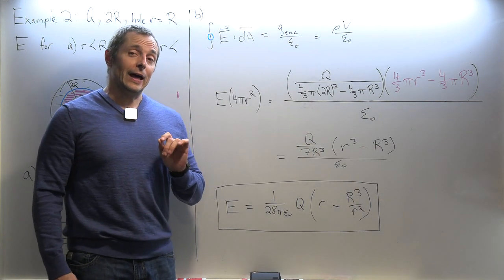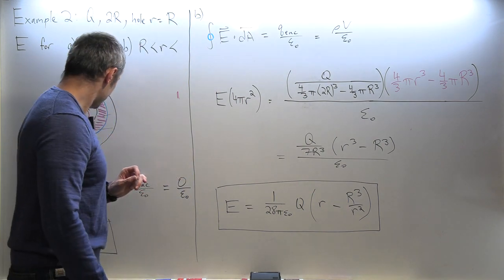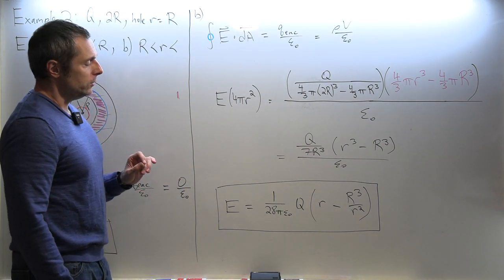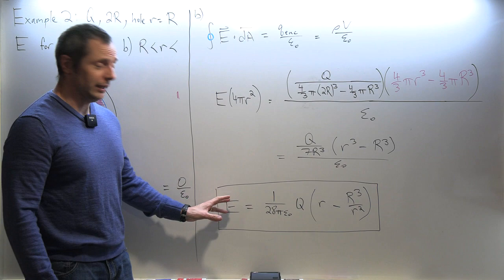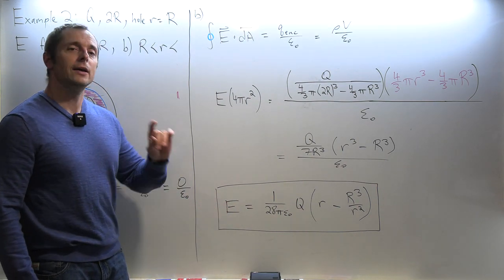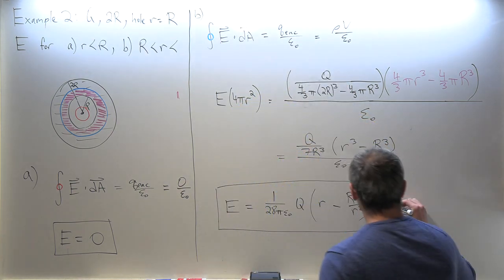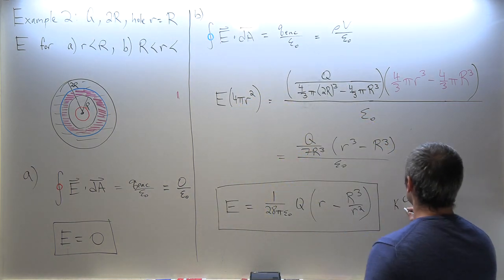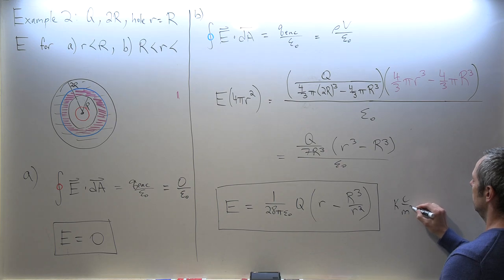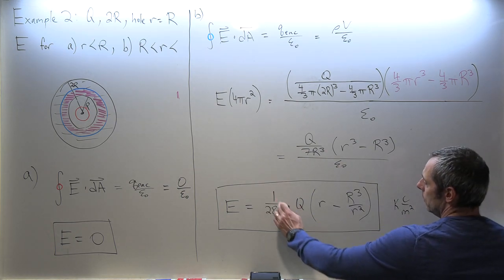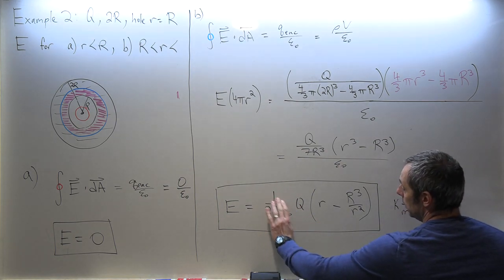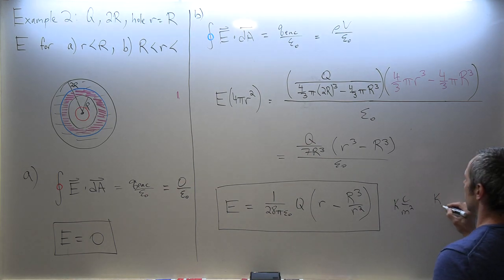Before we move on to the last part C, what I want to do is just a unit check. Look how complicated that formula is. Did we make a mistake? Let's do our first check. We need the constant K, coulombs per meter squared for electric field. 1 over epsilon 0 is like units of K, good.